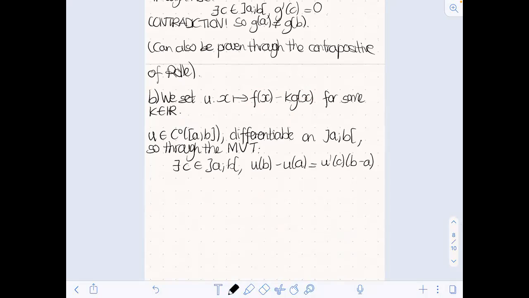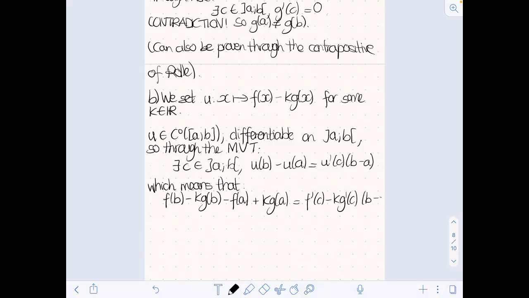And we can have a look at what this equality means. If you write u of b, you get f of b minus k g of b, minus f of a plus k g of a. That's equal to u prime of c, which is f prime of c minus k g prime of c, times b minus a.